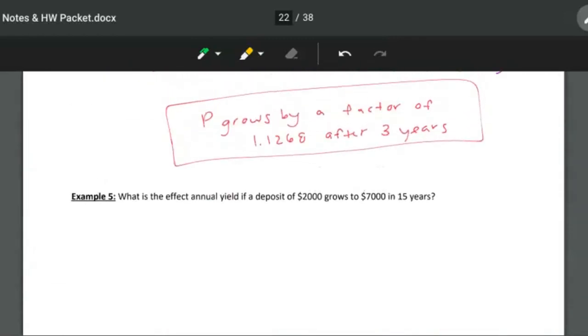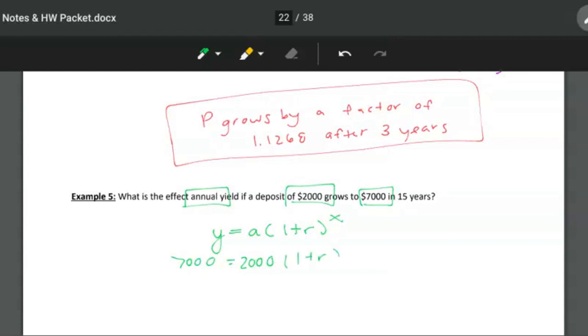What is the effective annual yield? They really want to know what you're getting in 1 year. So that formula should be y equals a times 1 plus r to the x power. A deposit of $2,000, we're starting out with $2,000, is growing to $7,000. They're telling us what we have at the end. Normally we don't know what's at the end, but we do here. 1 plus r, we don't know the r value, but we're going to leave it in the bank for 15 years. So here we can solve for r, and that'll be our interest rate.